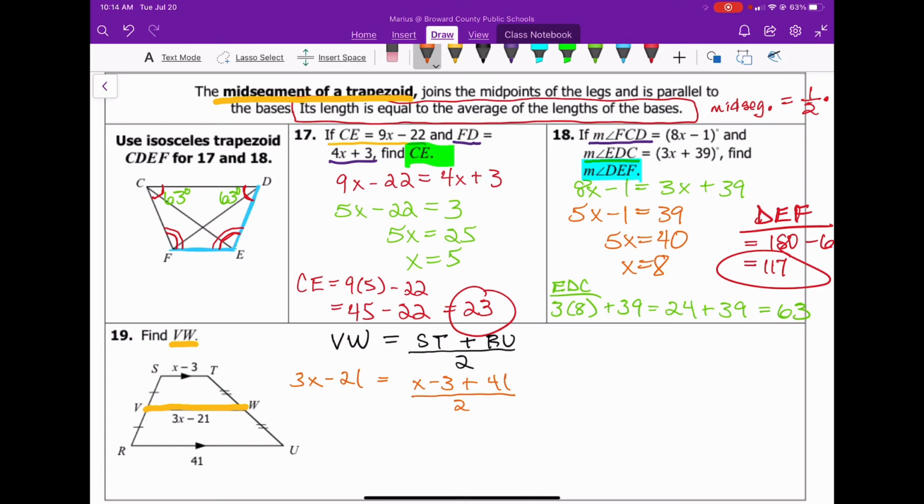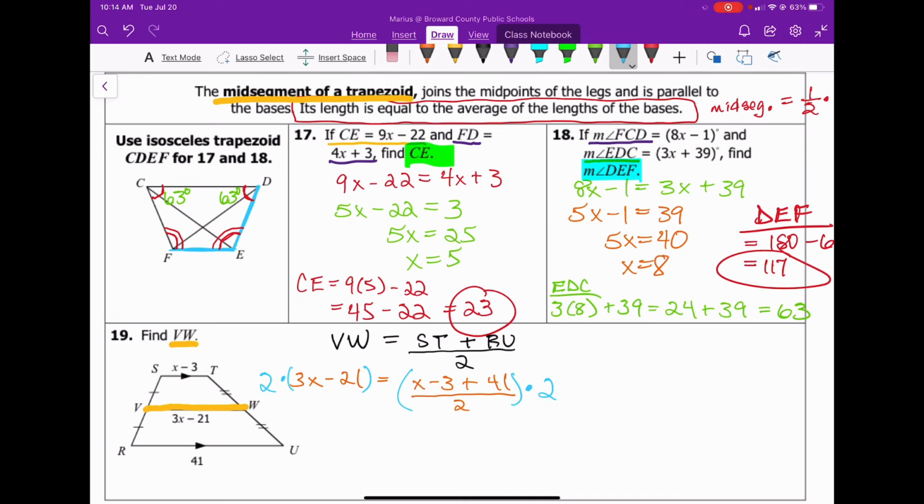Personally, with this type of equation, I would suggest clearing the fraction, which means that for this one, we're going to end up multiplying both sides by 2. So on this side, everything has to get multiplied by 2. And over here on the right side, the 2's are essentially going to cancel out.